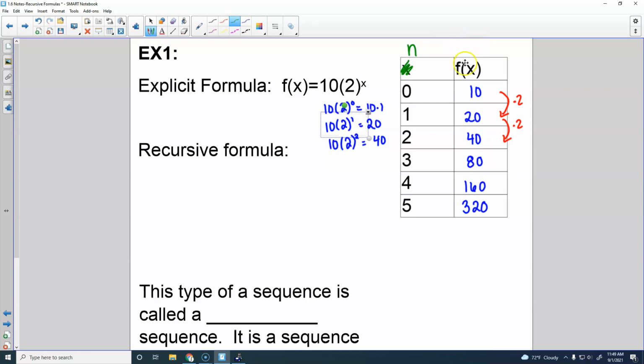And then we usually call this f of x our a sub n. So using these variables, we could say, instead of f of x in our explicit formula, a sub n equals 10 times 2 to the n power. Right, so this would also be an explicit formula using the n value here.